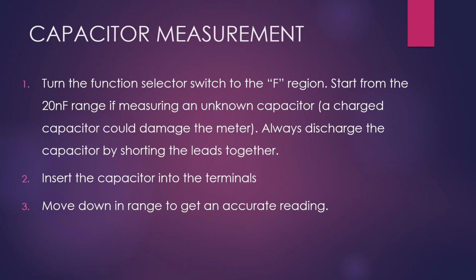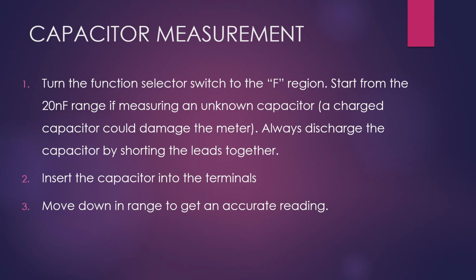On this slide, I'm going to show you how to measure a capacitor, which we don't usually do, because we get capacitors that are already rated, so there's no need for you to measure it. But if you don't know the value of the capacitor, or you need to measure it with the gray multimeter, of course, you turn your dial selector to the F region.